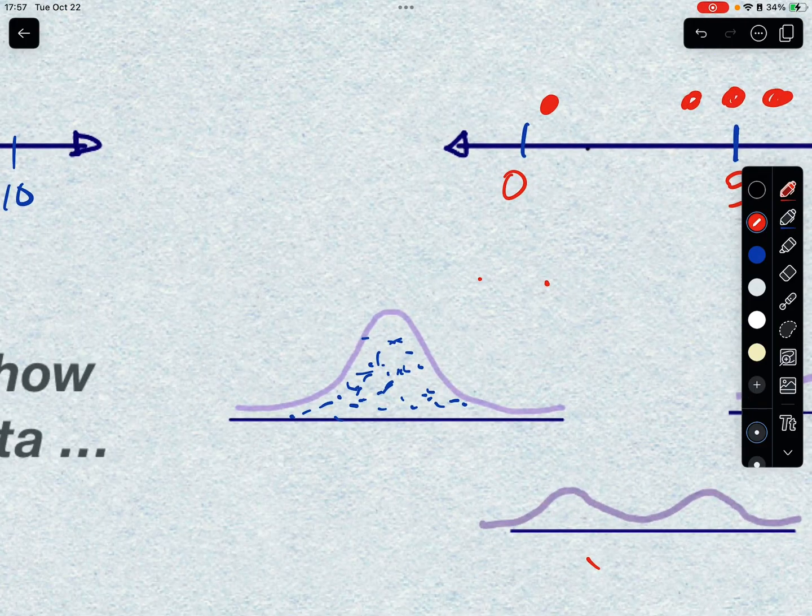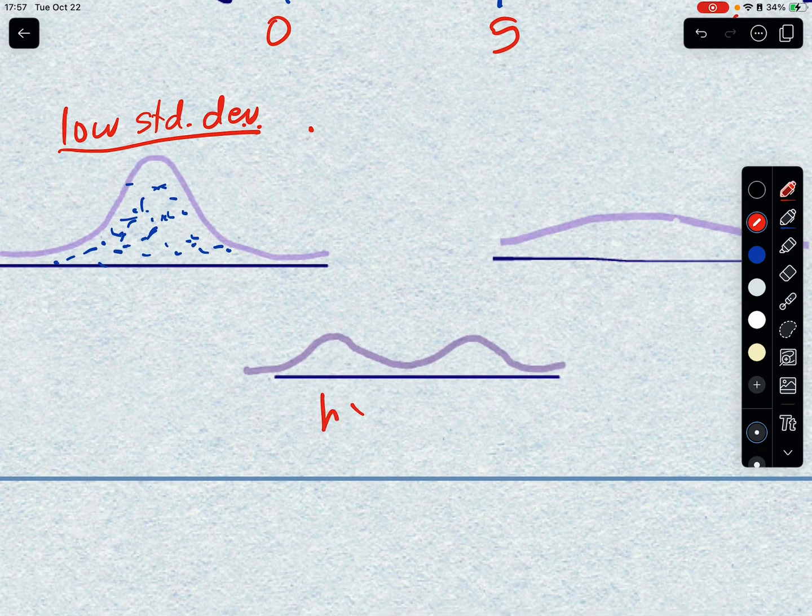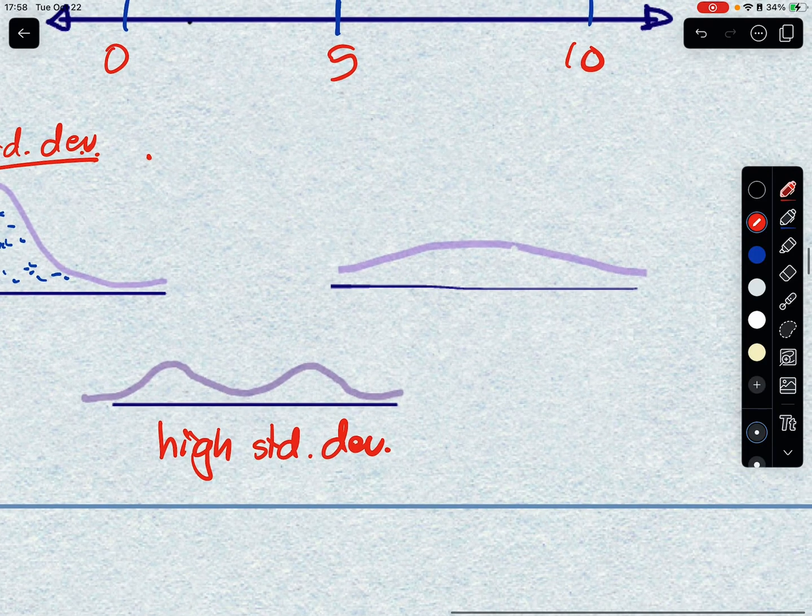So this one has a low standard deviation. The range might be the same. This one has a high standard deviation. And this one has what we would say is a meh standard deviation. It is neither high, it is neither low, it is somewhere in between.